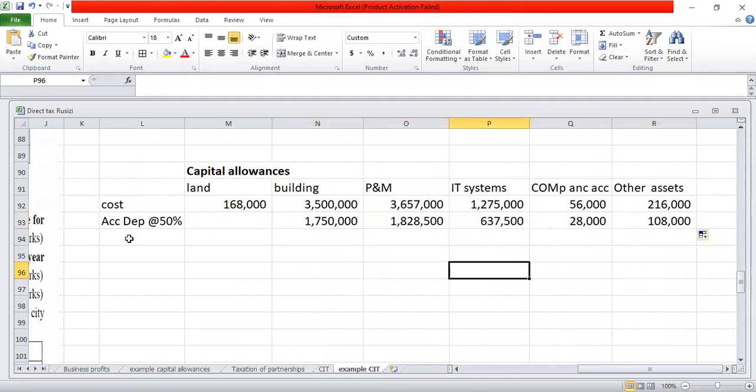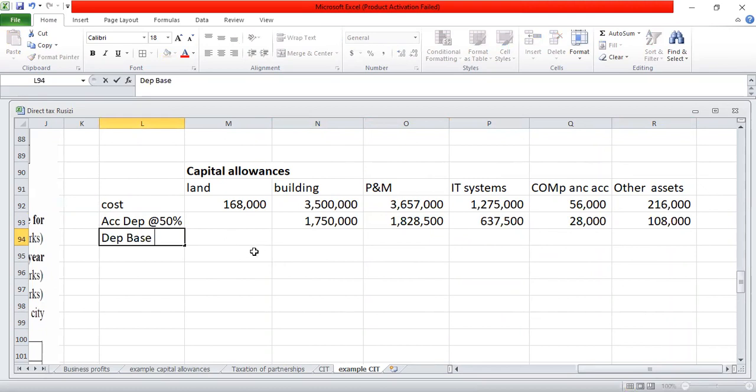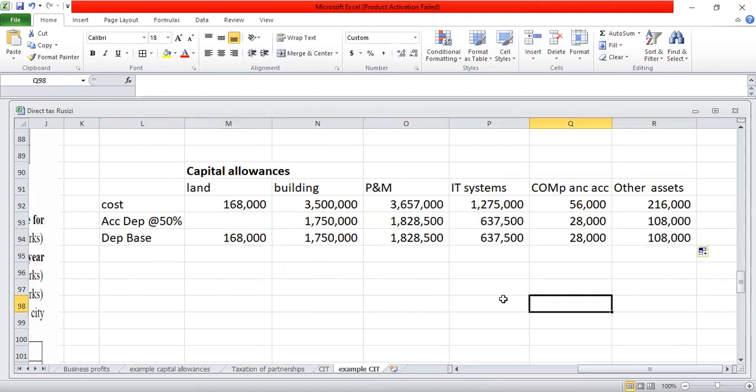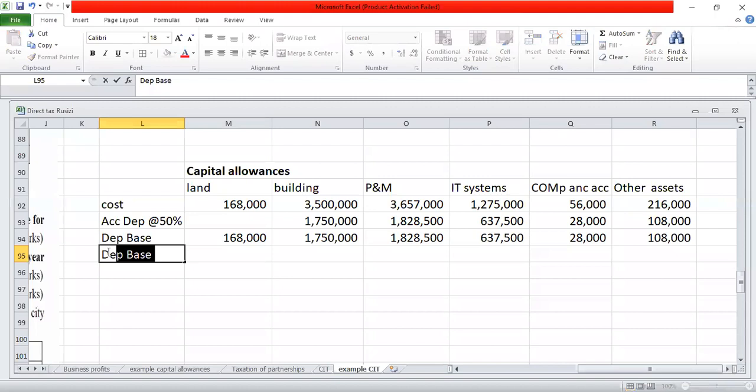So once I compute, then I can get my depreciation base, my dep base, which is going to be this minus this. That's the depreciation base.